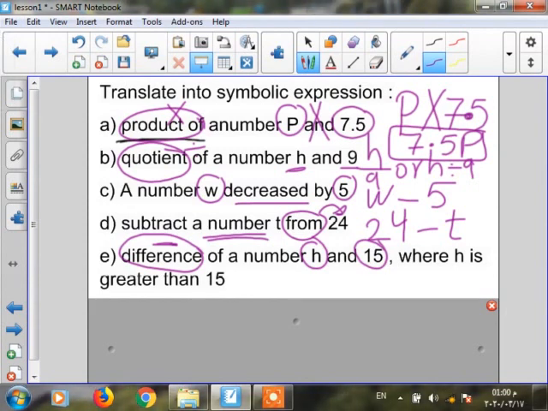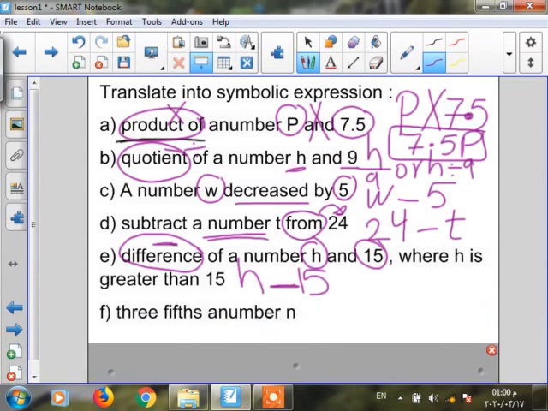So h is the bigger one. I will start from h and subtract 15, because in subtraction I start from the bigger or greater one. So I have h minus 15. This is the difference of the two numbers.